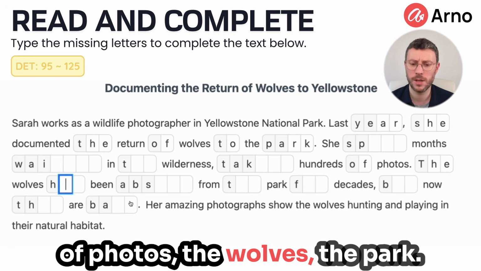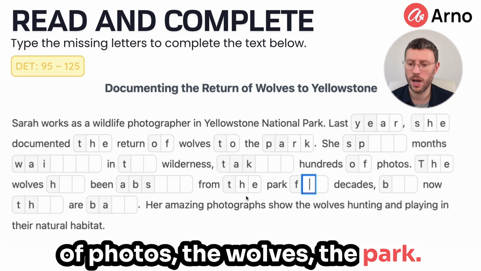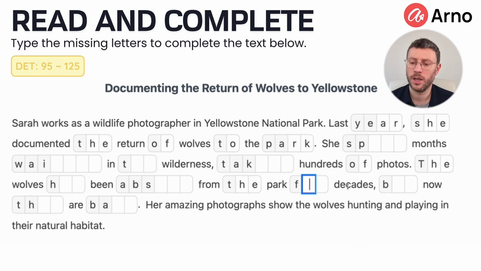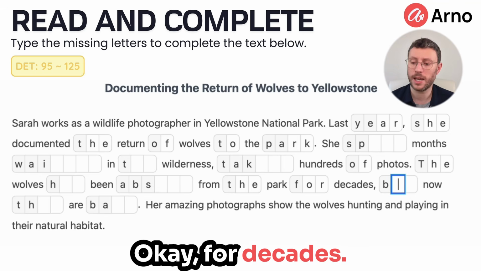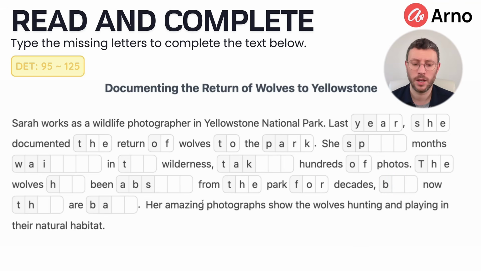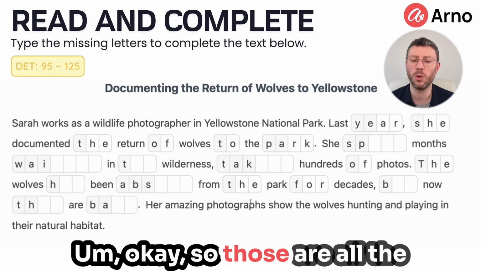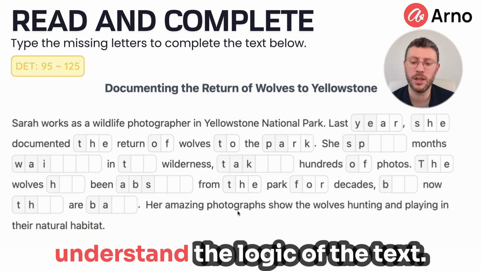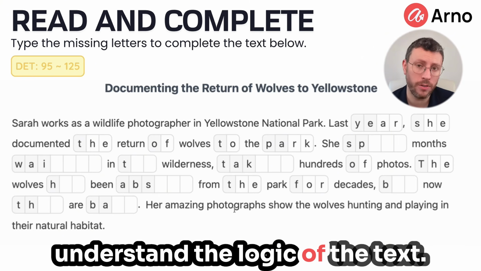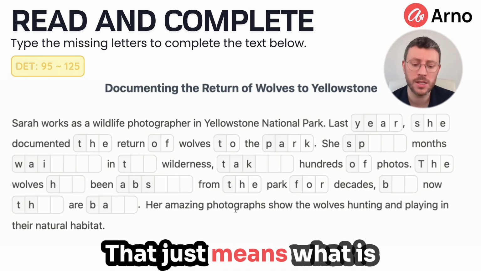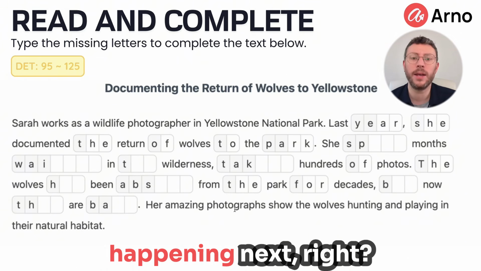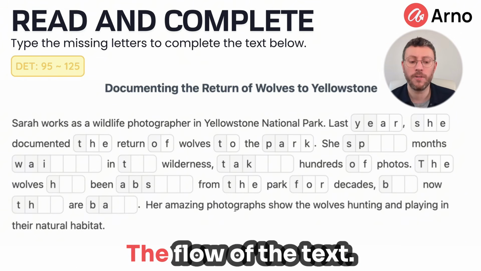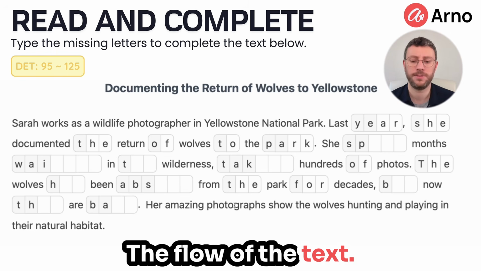The wolves. The park. Something decades. Okay, 4 decades. Okay, so those are all the easy ones. And that will help us understand the logic of the text. That just means what is happening next, right? What idea is coming next? The flow of the text.